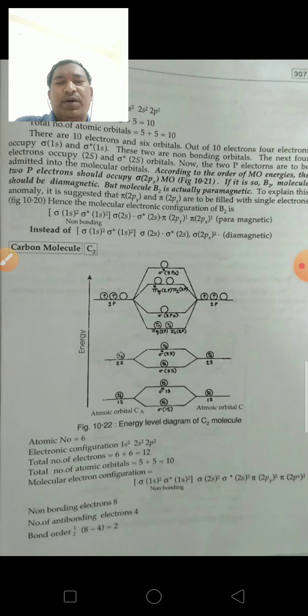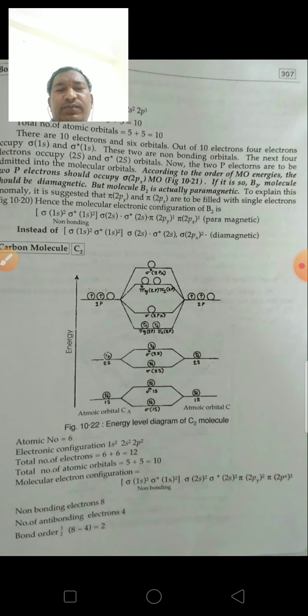So the molecular electronic configuration is sigma 1s2, sigma star 1s2, sigma 2s2, sigma star 2s2, pi 2py2, pi 2pz2. Without a star is a bonding molecular orbital, and with a star is an anti-bonding molecular orbital. The number of bonding electrons is 8, and the number of anti-bonding electrons is 4. So the bond order is equal to 8 minus 4 by 2, that means 4 by 2, that means 2.